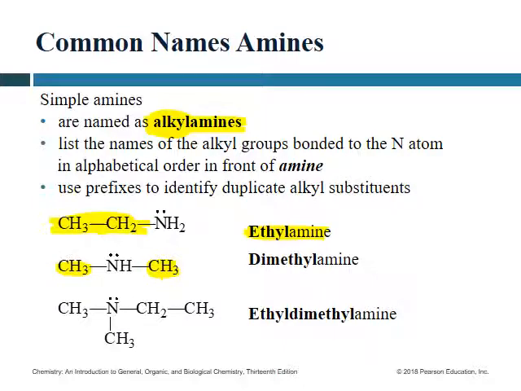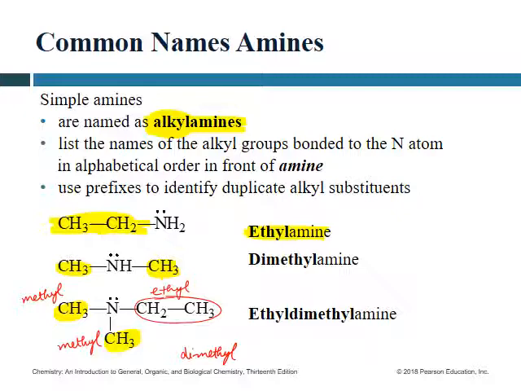Then here we have this is methyl. This is methyl. This is ethyl. So the name would be, basically, methyl and methyl written as dimethyl, and ethylamine. Now the question is, which comes first? Alphabetical order.